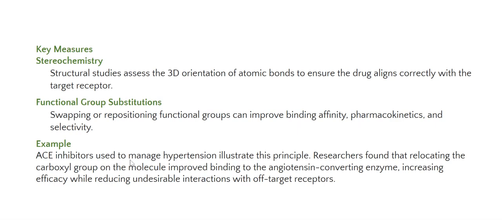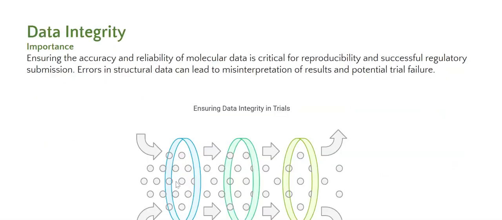For example, ACE inhibitors used to manage hypertension illustrate this principle. Researchers found that relocating the carboxyl group on the molecule improved binding to the angiotensin converting enzyme, increasing efficacy while reducing undesirable interactions with off-target receptors.